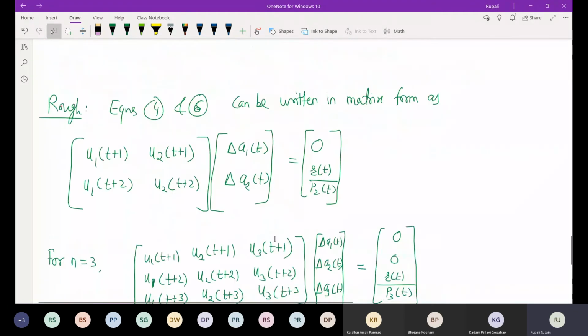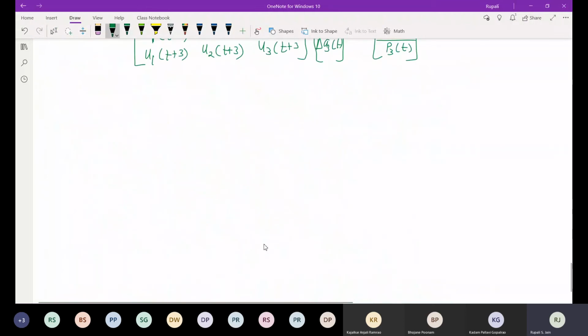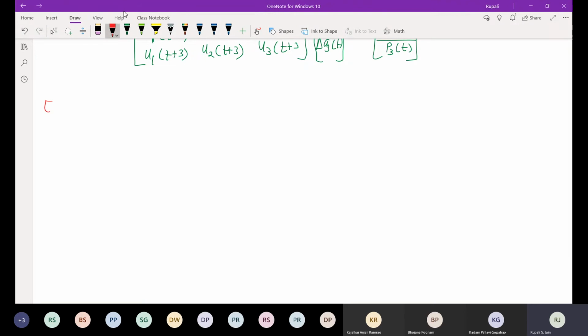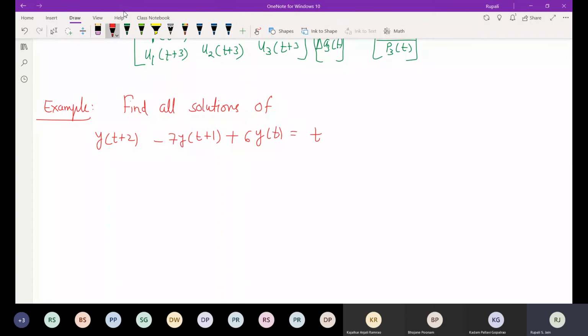So we will have an example of this variation of parameter method. Example: solve or find all solutions of the difference equation y(t+2) minus 7 y(t+1) plus 6 y(t) is equal to t using variation of parameter method.